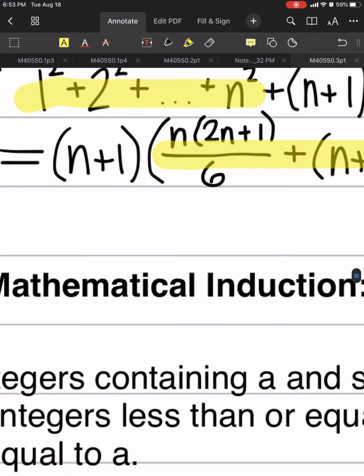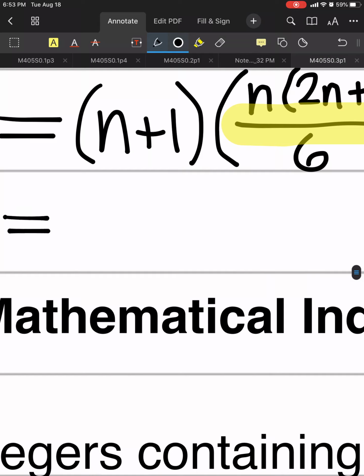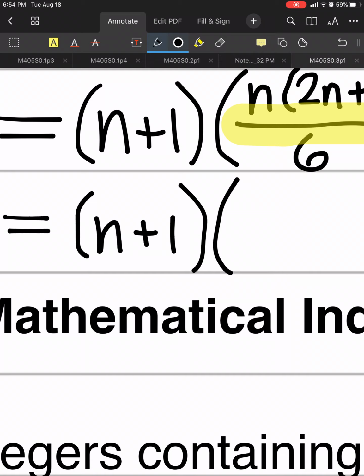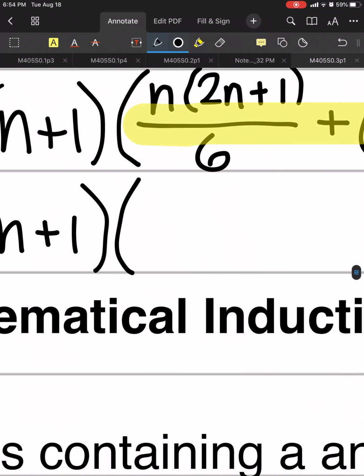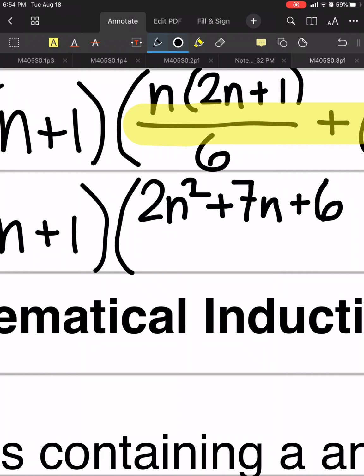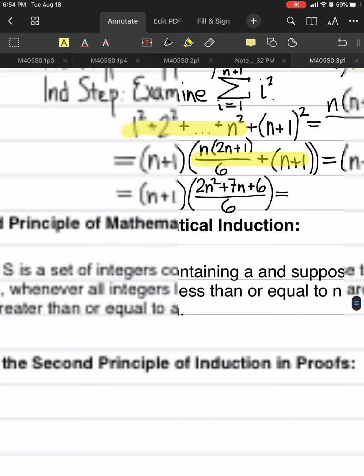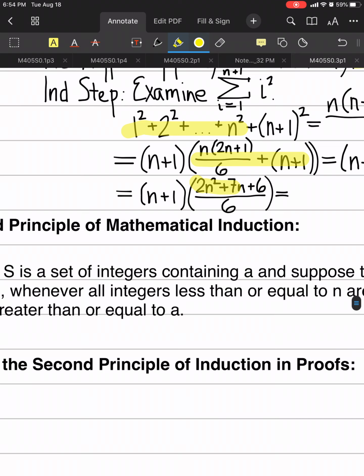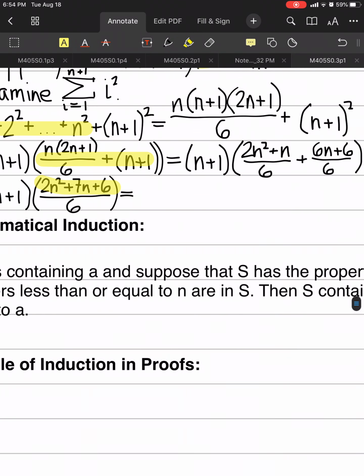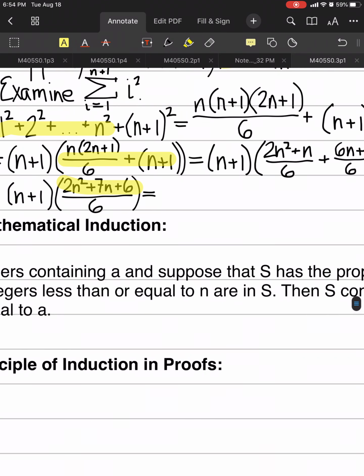Now, from here, just add the two tops together. Again, leave the n plus 1 here. So I'm going to have 2n squared plus 7n plus 6 over 6. And then, as you might guess, all we need to do is factor the top of this second equation, and if you factor it out, it gives you exactly what you want, which is 2n plus 3.